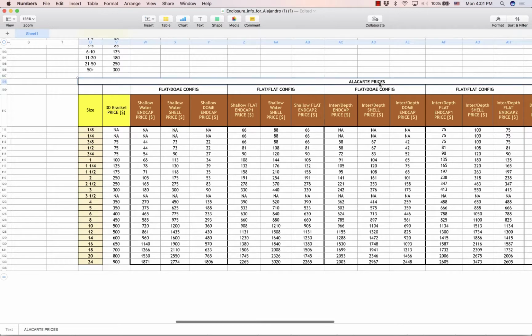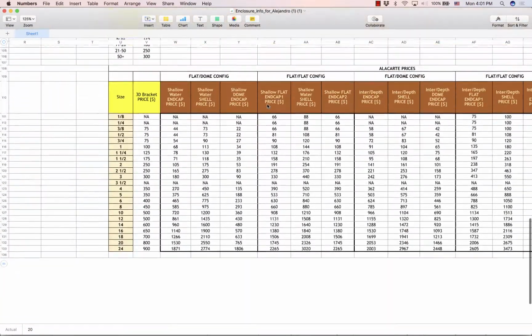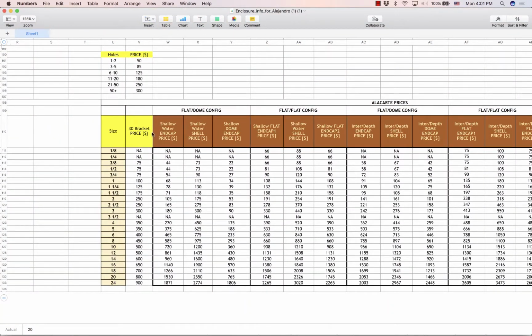Also, this is a la carte prices, so you can know how much everything costs. For example, the shallow water product, if the configuration is flat for end cap number 1 and dome for end cap number 2, then not applicable here means they don't make it. So let's say shallow water for 1/8.